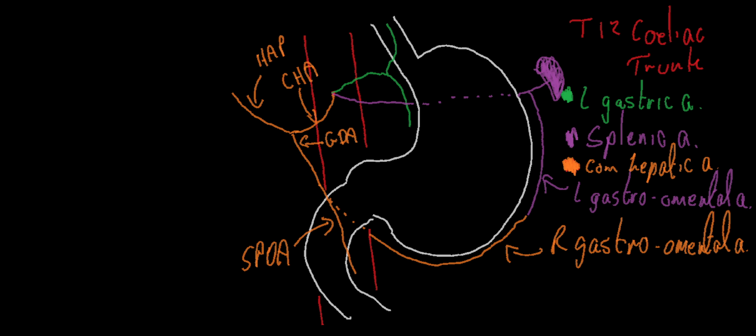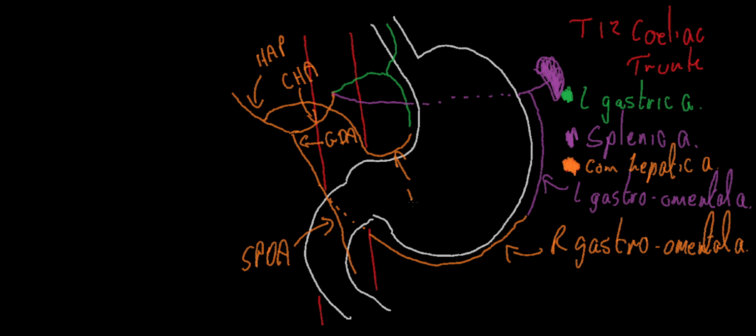And so we will have one branch coming from the hepatic artery proper, which will be the right gastric artery. So this is going to look a little bit messy, but it will still get the point across. So as we see, this is the right gastric artery that heads towards the lesser curvature of the stomach to anastomose with the left gastric artery.